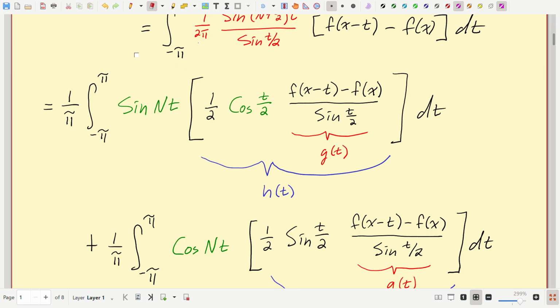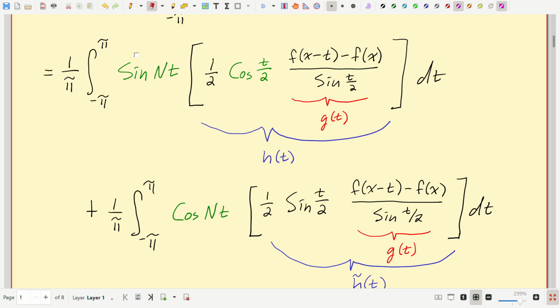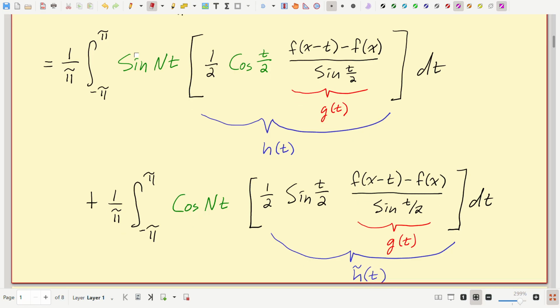And now, a fascinating thing to look at. If we know that the things inside the square brackets are nice, then we look at that first thing and say, aha, that is the real Fourier sine coefficient for the function h of t there. And we know by Bessel's inequality that when a function is reasonably nice, the Fourier coefficients go to 0.